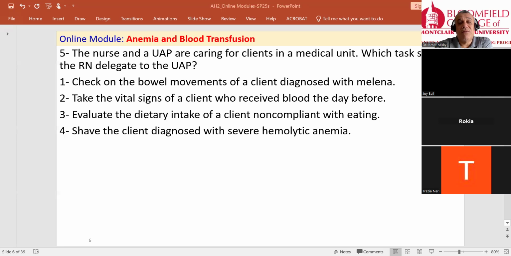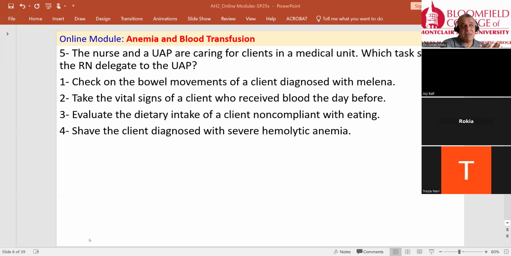Okay, number 5. We said that the nurse and unlicensed personnel are caring for a client in a medical unit. Which task should the RN delegate to the unlicensed personnel? Always remember the framework, or the umbrella, of the scope of practice for each, especially with the assistive personnel versus the RN and the LPN.